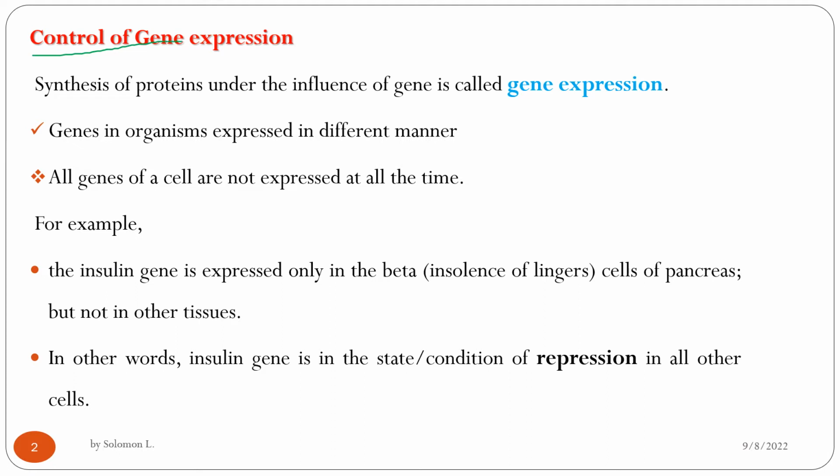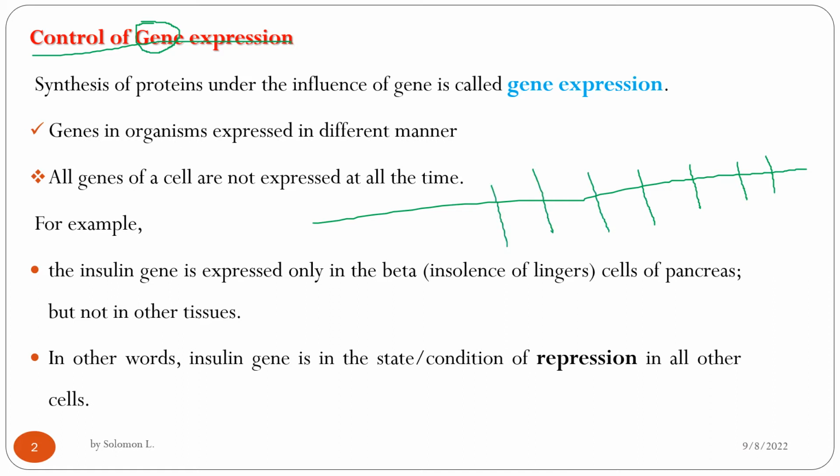Control of gene expression. So first let us know the gene itself. As you know, DNA is a large or huge molecule which contains different sections. These different sections of DNA are known as genes. Each of these genes determines particular characteristics of an organism.